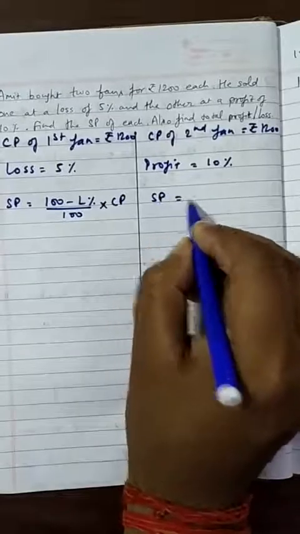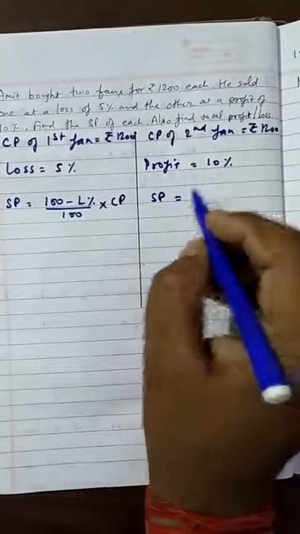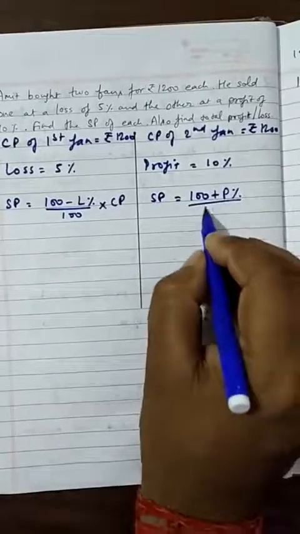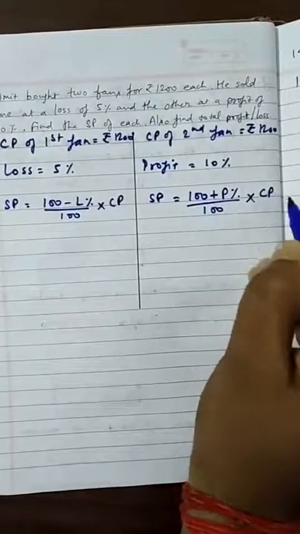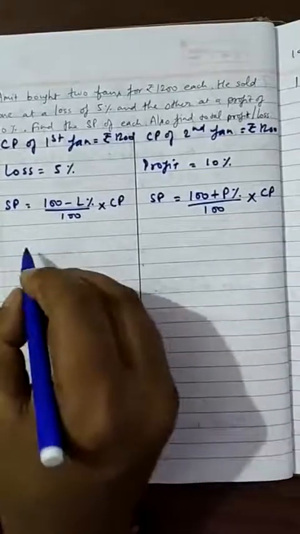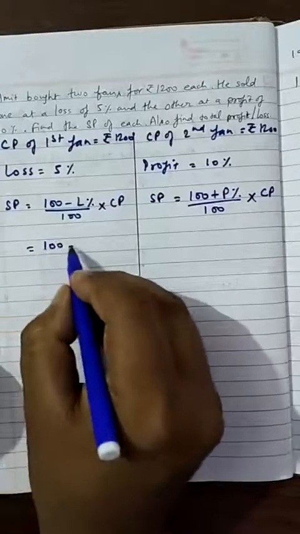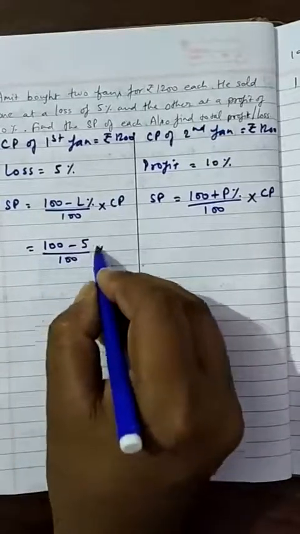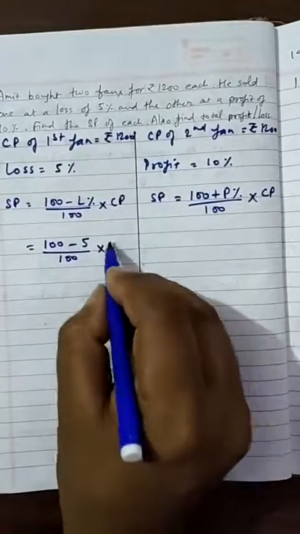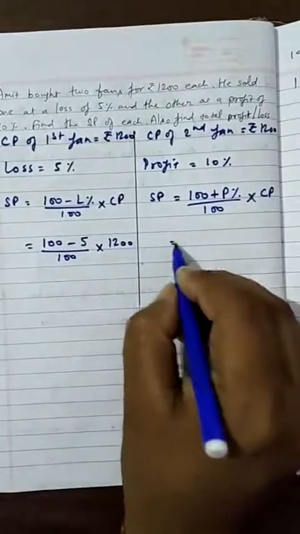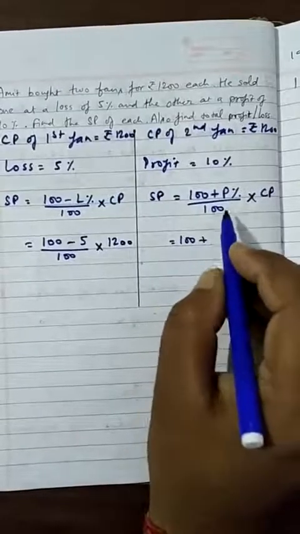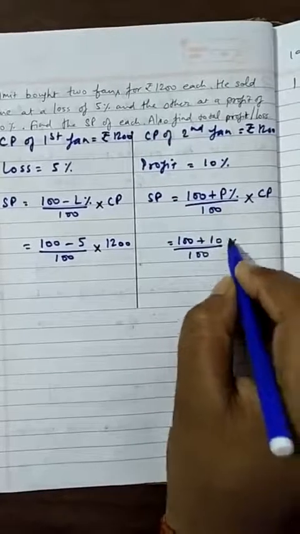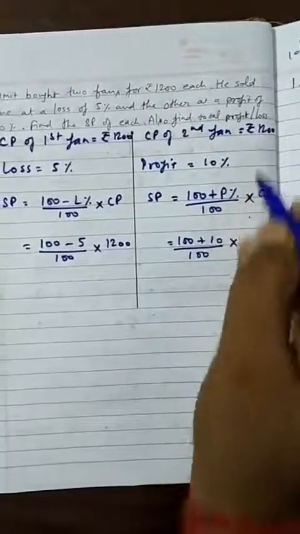On the other hand, the formula for selling price in the case of profit is 100 plus profit percent upon 100 multiply by CP. Loss is of 5% and cost price is 1200. On the other hand, profit percent is 10 and the cost price is 1200.